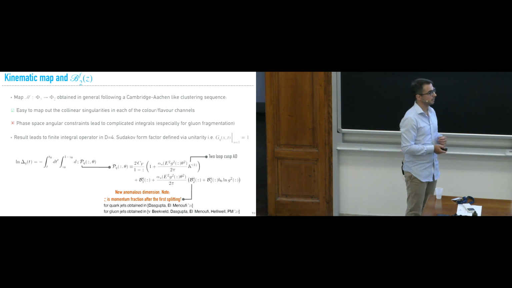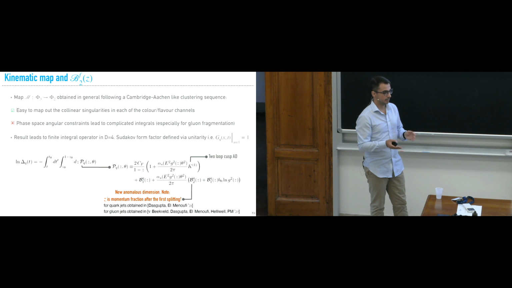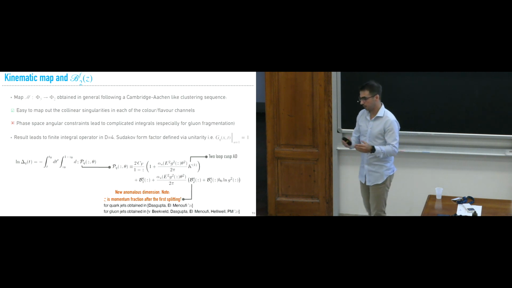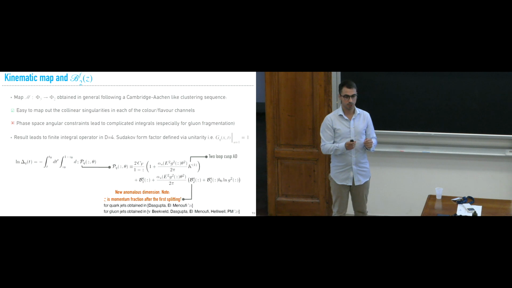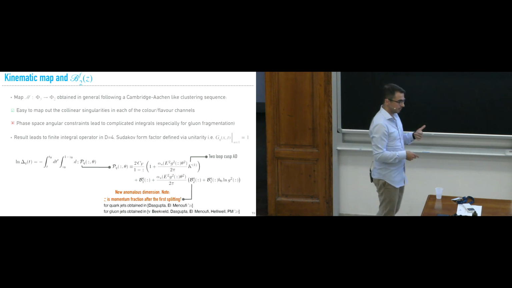So it's the combination of the integrated counter term and the virtual corrections that result in this object here. In our case, we define the mapping by following Cambridge-Aachen-like clustering. This is a very convenient way to map out and sectorize the various collinear singularities. So you can organize things in a way that each time you have only one singularity and they cancel between the double real and the counter term. So in terms of subtraction, it's very efficient.